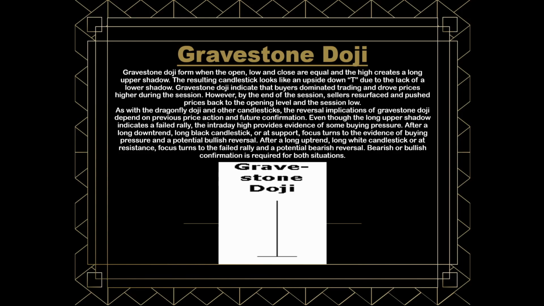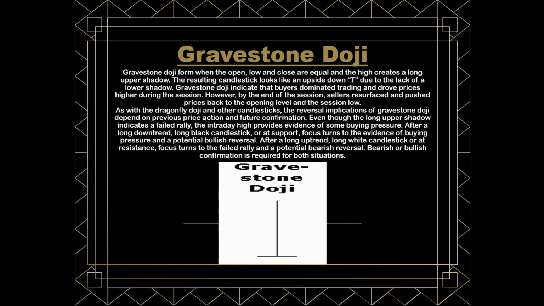However, by the end of the session, sellers resurfaced and pushed prices back to the opening level and the session low. As with the Dragonfly Doji and other candlesticks, the reversal implications of a Gravestone Doji depend on previous price action and future confirmation.